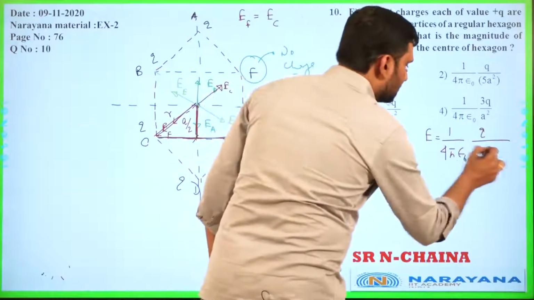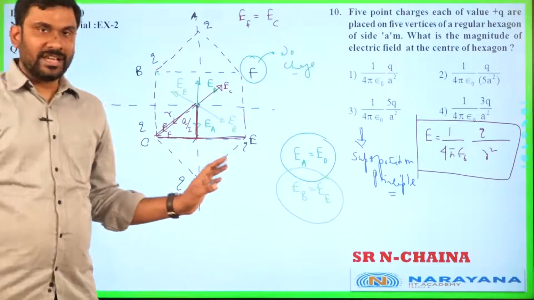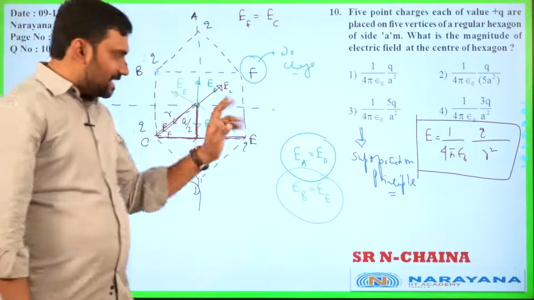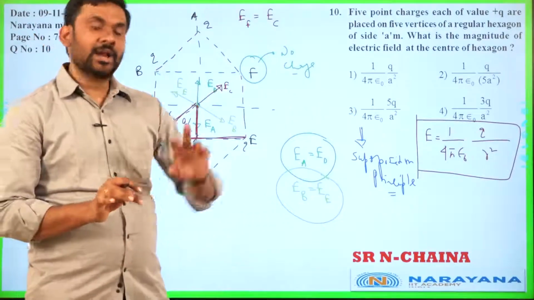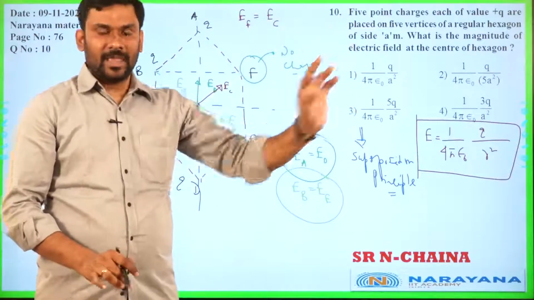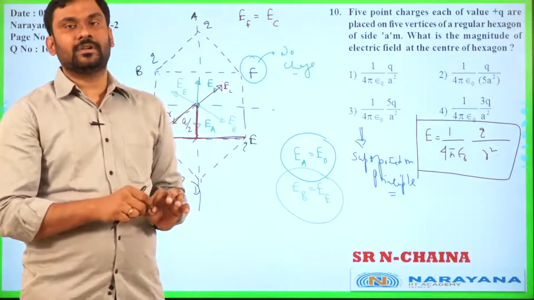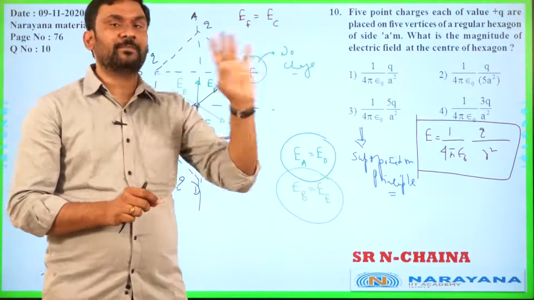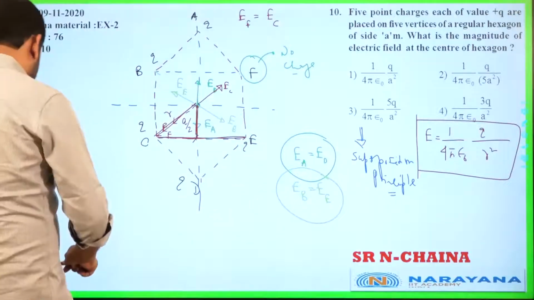Now put R in terms of A and substitute. I hope you got the ethos of this question. So if there is any symmetric geometrical structure and charges are kept at all corners, only one corner is vacant, the electric field at the point of symmetry, that is the origin, will be equal to the electric field due to only one point charge. That is the idea. Issue closed. Fine? Right.